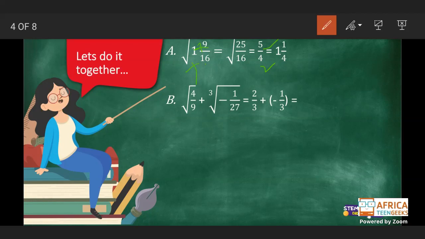But if, for example, you were calculating the square root of 25 and your answer is 3, and 3 multiplied by 3 doesn't give you 25, then it's not correct and you must go back and rectify your mistakes. So our square root of 25 is 5 and our square root of 16 is 4.